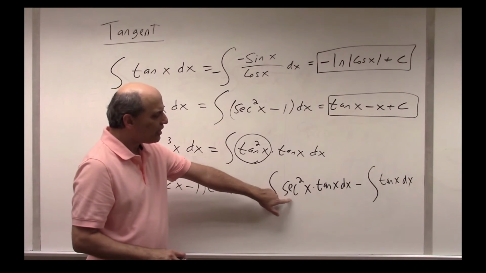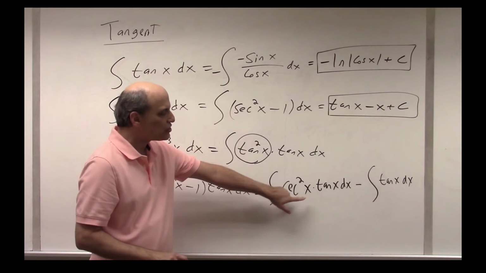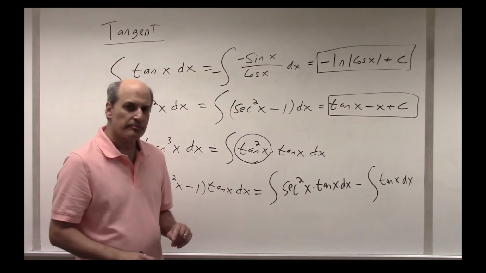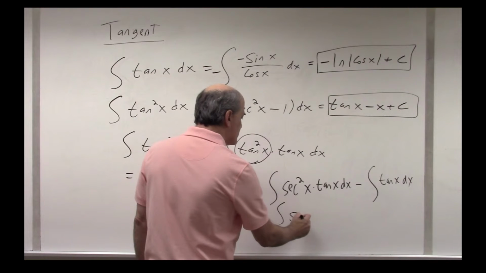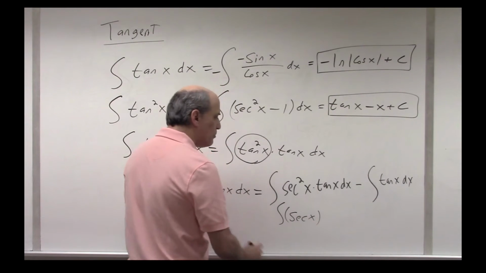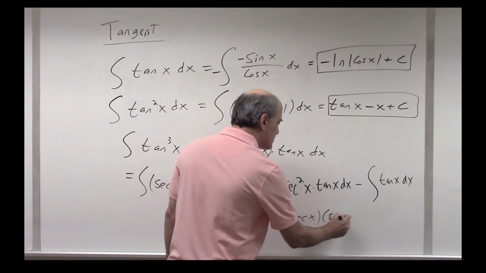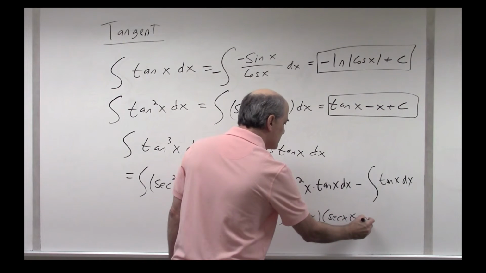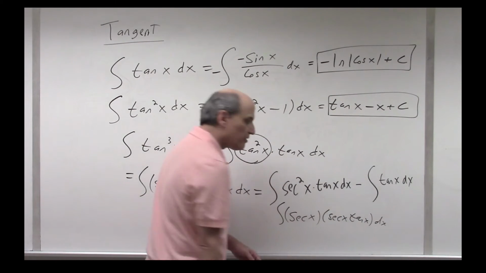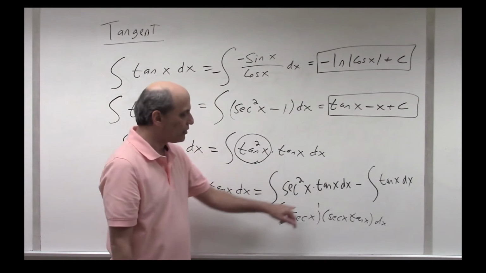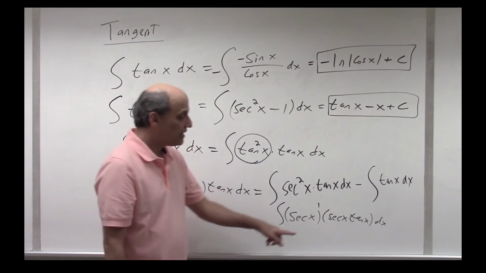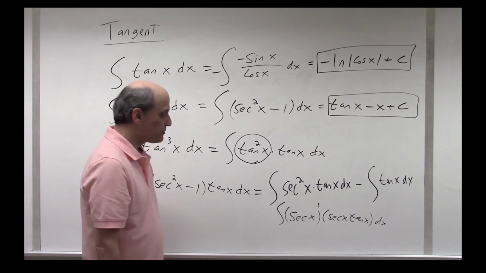So even though here I have the integral of secant squared times tangent, I want to write that as the integral of secant of x multiplied by secant times tangent. That is secant raised to a power, the first power in this case, sitting next to its derivative.